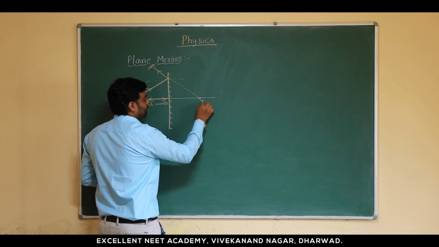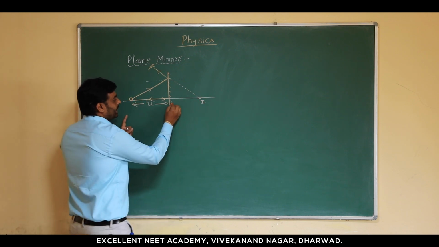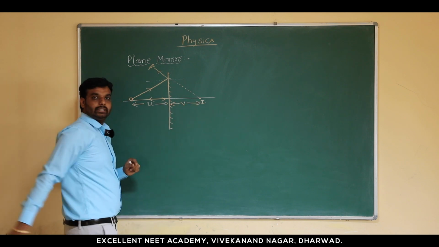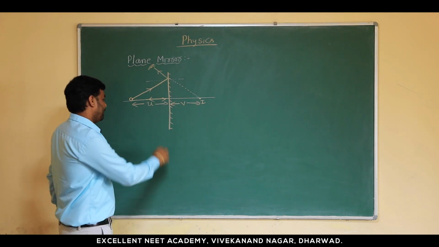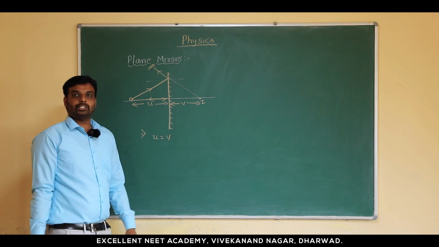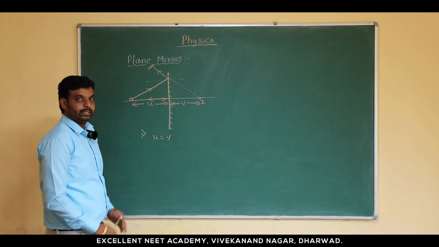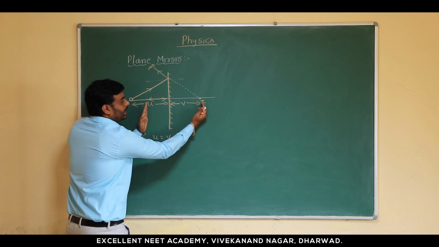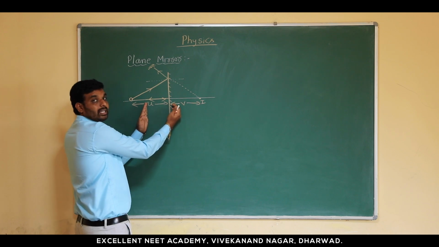This is the image. Here the object distance is u, and the image distance is taken to be v. Here the property is u is equal to v. Object distance should be equal to image distance. If the object is moving towards the mirror, the image is moving towards the mirror.